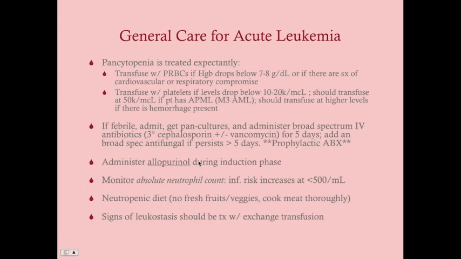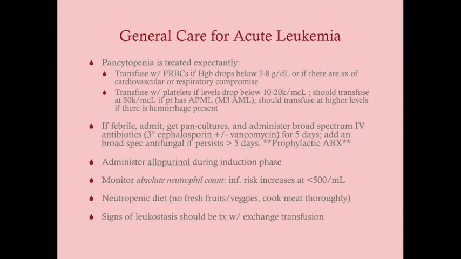You should be monitoring the absolute neutrophil count. The absolute neutrophil count will be given to you on the USMLE. It is something that can be calculated, but I do not believe you have to know the formula of how to calculate it, because on most labs that you get in the hospital, the absolute neutrophil count is already calculated for you. So what you should know is that the absolute neutrophil count is the mature white blood cells.